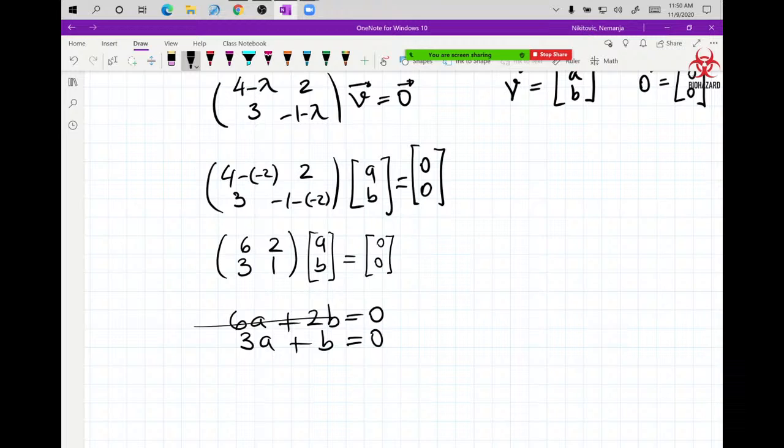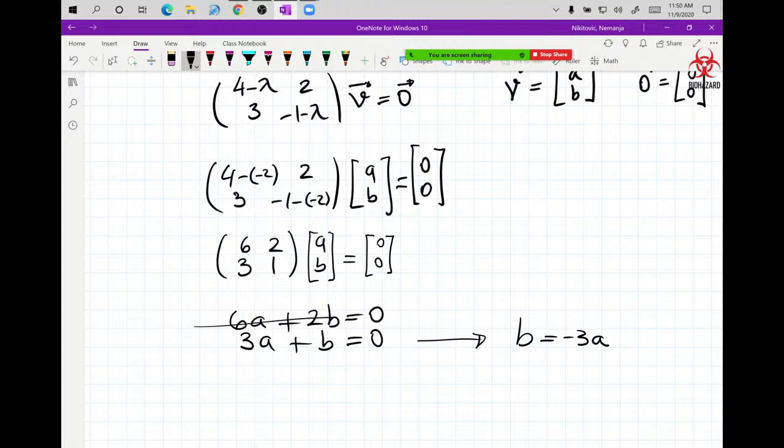Now, the beautiful thing about this is that any a and b that you can possibly think of to make this work will be the solution, and you will keep it as the answer. So when I have this equation here, I see that b is equal to negative 3a.